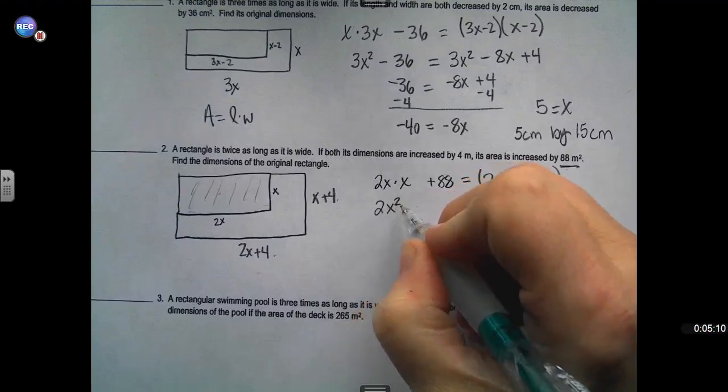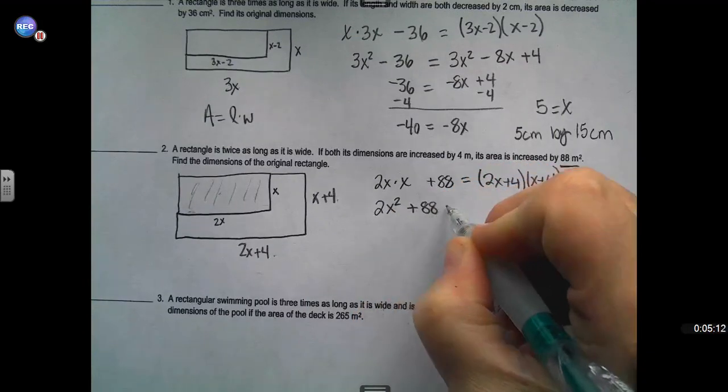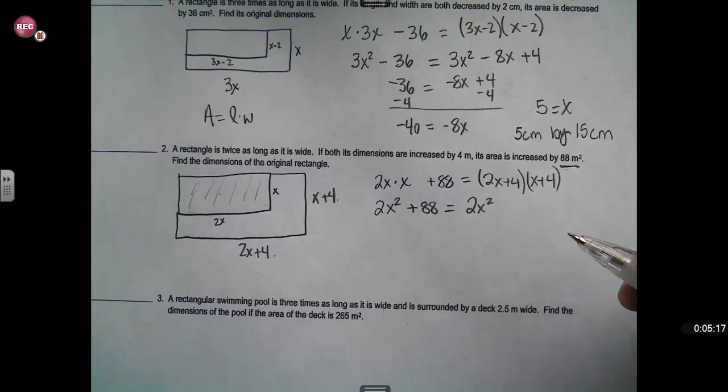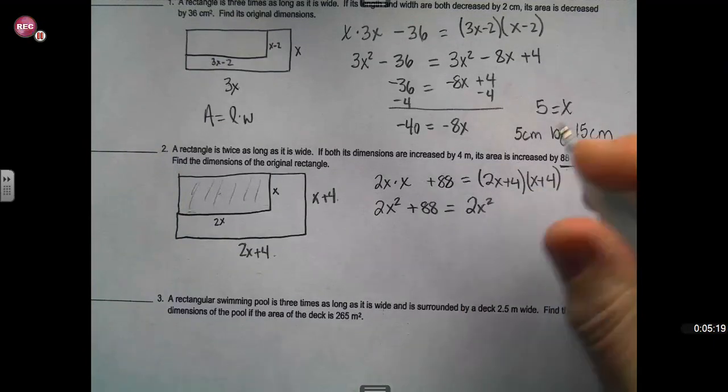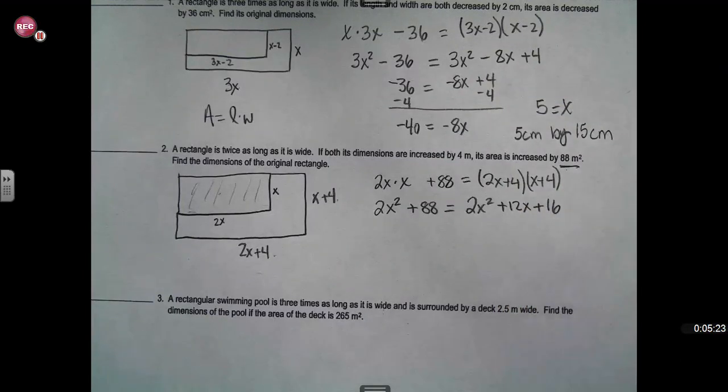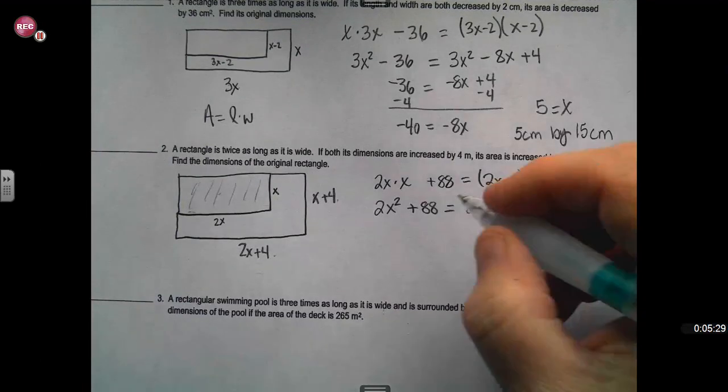So we get 2x squared plus 88 equals 2x squared, and then that's going to be 8x plus 4x is 12x plus 16. So again, what happens to the 2x squareds? They drop out.